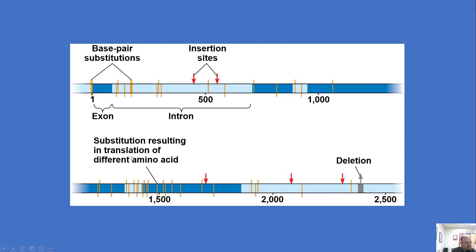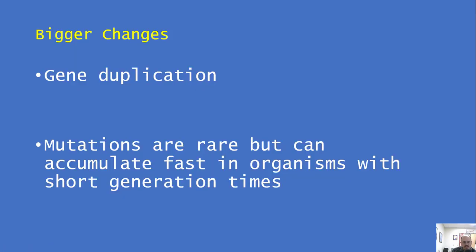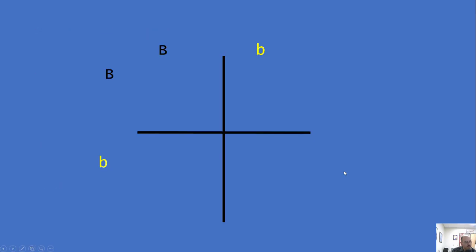And substitutions, here we have a substitution in an area possibly resulting in a different amino acid being produced, right? So occasionally a substitution of base pairs will have an effect and change the amino acid in that location. And then insertions and deletions may also have quite a bit of an impact. So different kinds of mutations can affect the proteins produced.